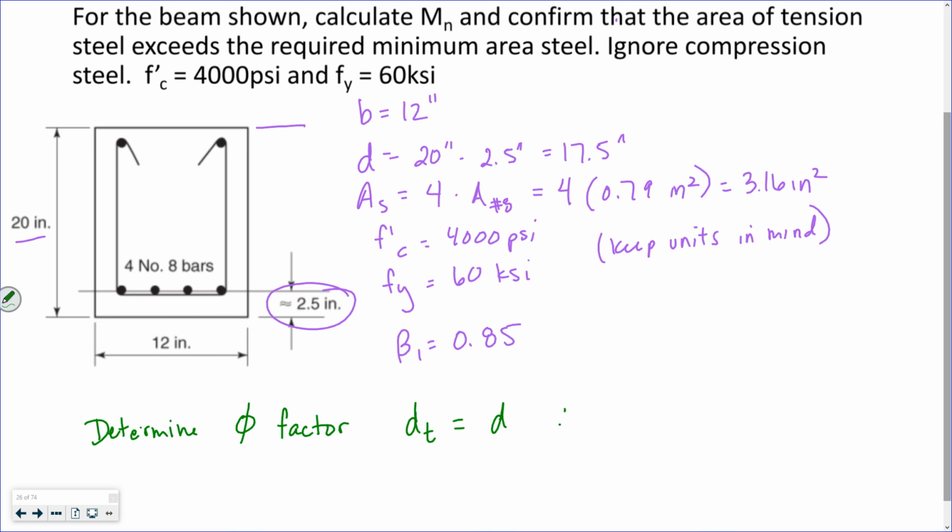Therefore, the strain in our extreme tension steel is equal to the strain in that layer of steel. Since it's a single layer, dt is equal to d, and et is equal to es.